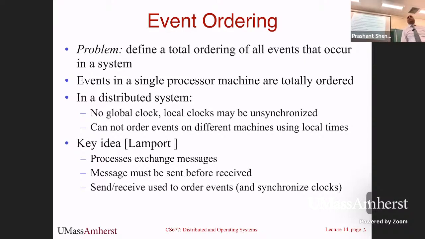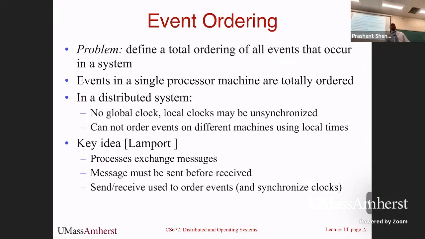So how is this going to work? We are going to look at very basic properties of how applications execute in a distributed system and how they communicate, and use execution order and message passing as two basic concepts that can tell us how to order events in a distributed system. The first assumption is that there is no global clock.